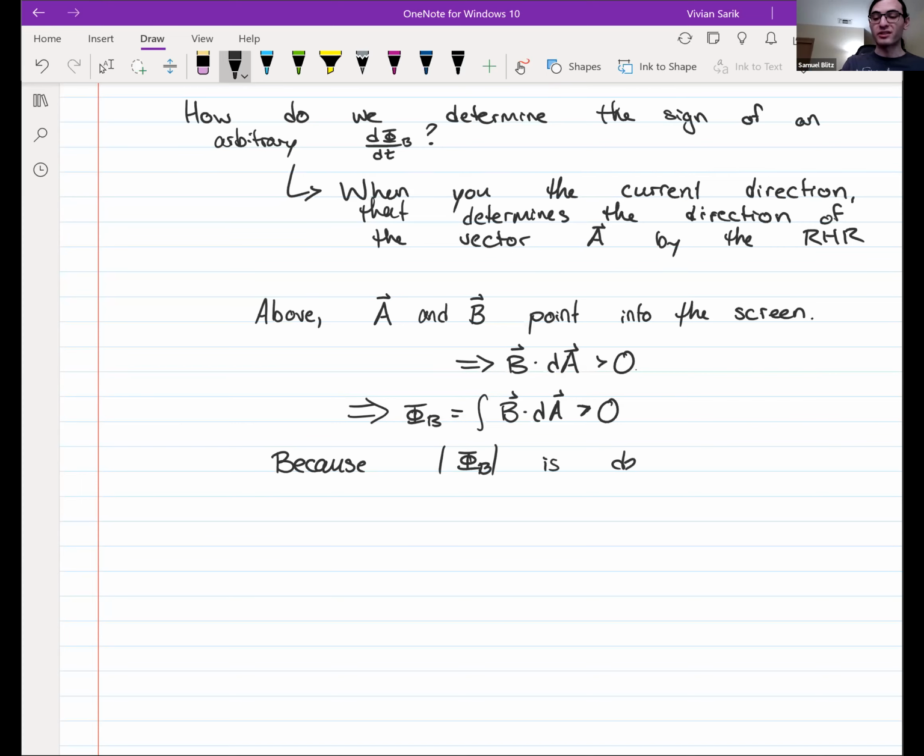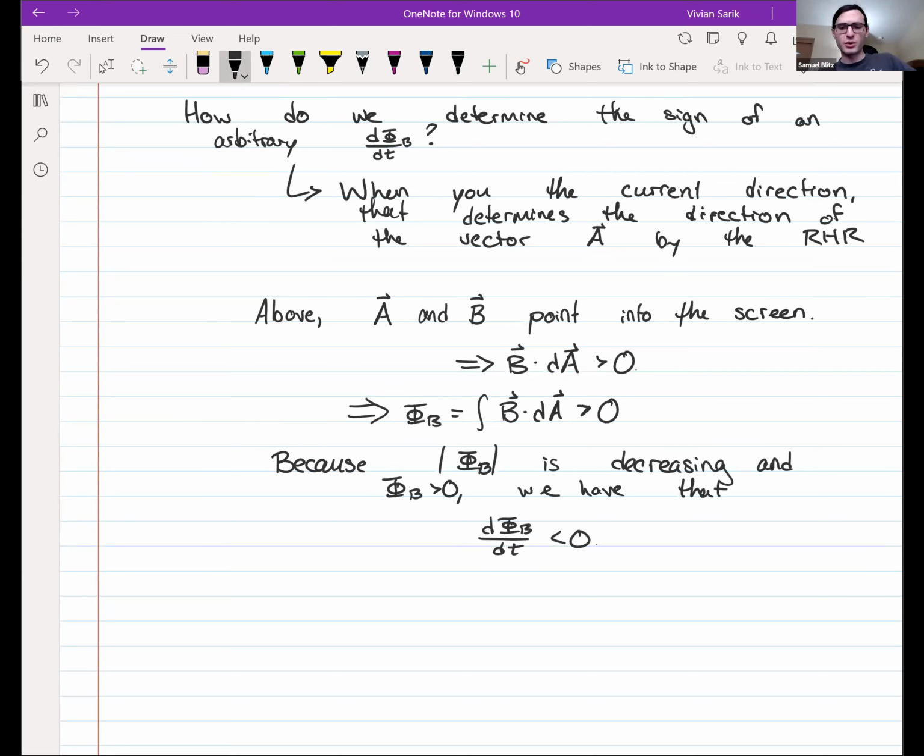And we know that the flux itself is positive. We have that d phi dt, the rate of change of the flux, is negative.